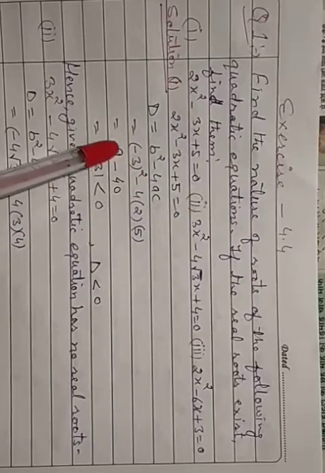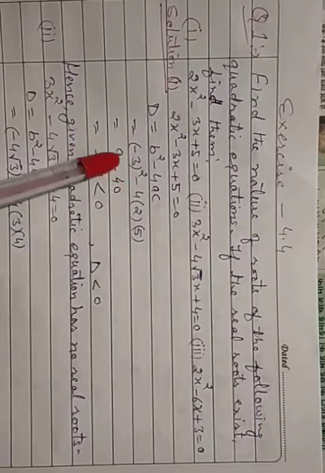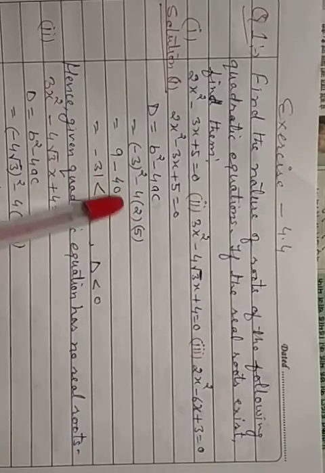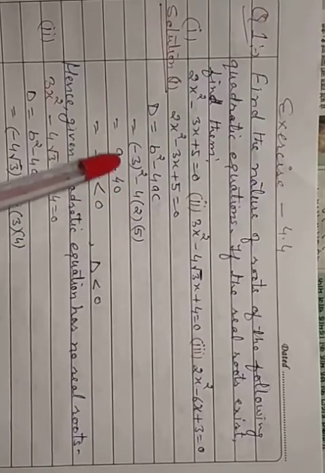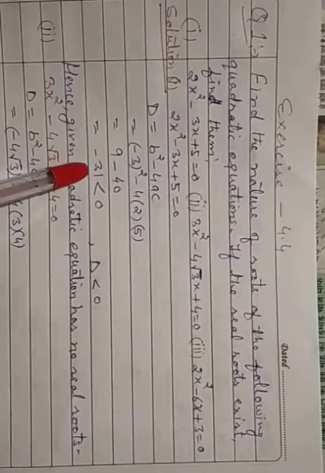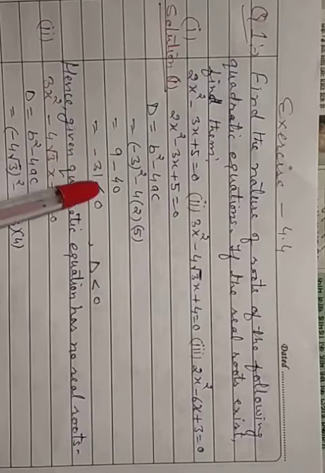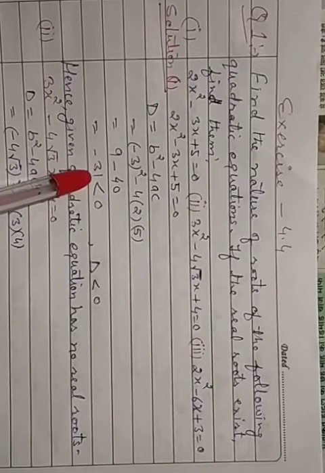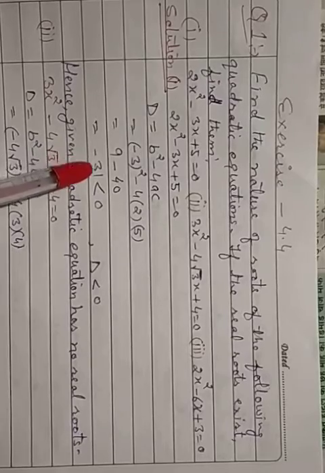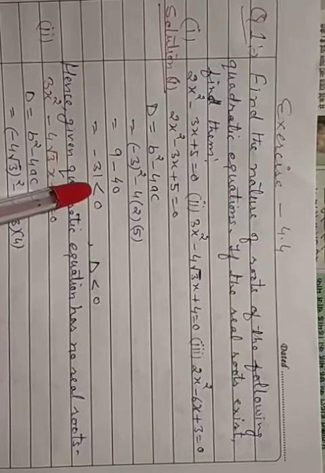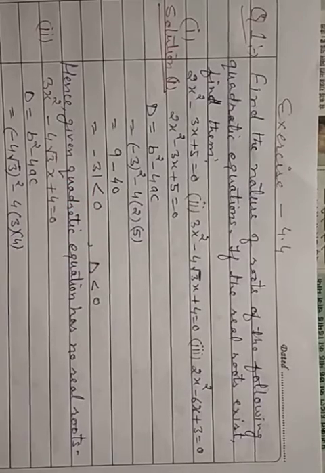Minus power 2 is plus, 3 power 2, 3 3s are 9, minus 4 2s are 8, 5s are 40. Opposite sign, 40 minus 9, 31, greater number sign, minus 31. You know it is minus, so less than 0. All the numbers having minus sign are less than 0. Minus 31 is less than 0, means your D is less than 0.